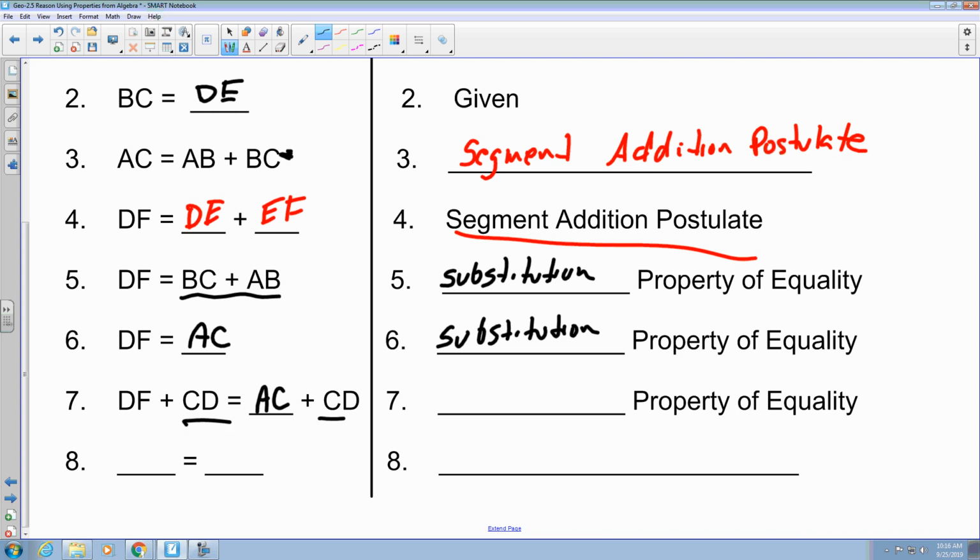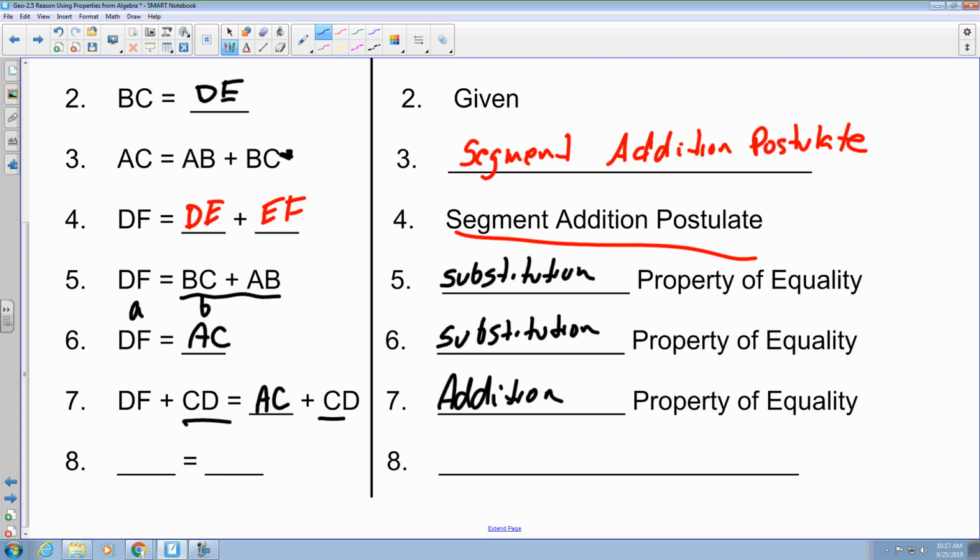This is like where you have A equals B, like this was A and that's B, and then we add them. So now we can say that this is just from the addition property of equality. We're just adding DC to both sides. They're still going to be equal.